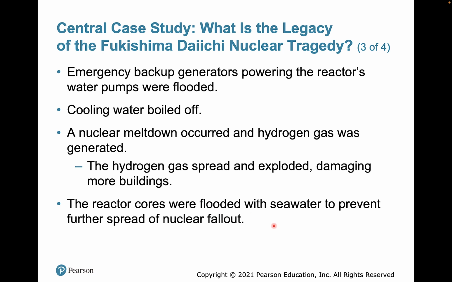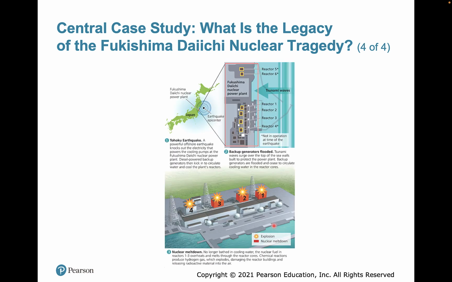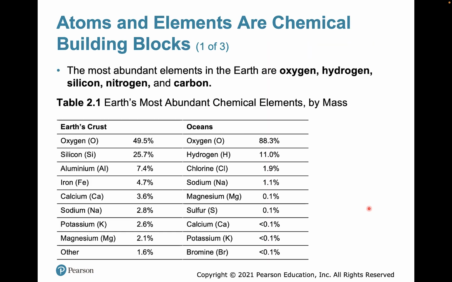And then in order to prevent further nuclear meltdown, they wound up flooding the reactor cores with seawater, and it made things less disastrous than they could have been. So this is what wound up happening. It's an interesting diagram. Your explosion happened in all 4 reactors, and you had meltdowns in 3 of them. So that was not a good thing, to put it mildly.